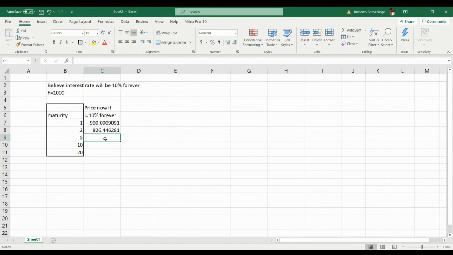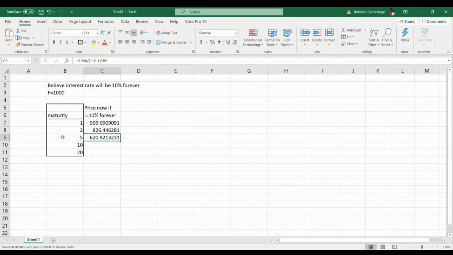What about 5? We could do the same thing as before, 1,000 over 1 plus the interest rate, which is 10%, to the power of, again, I could write 5, but it's more convenient to just hold down Control in Excel, I click here, and now it knows that the value of that box, which is 5, is what I want there.